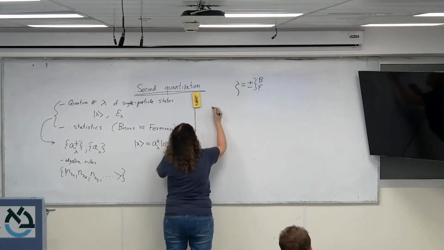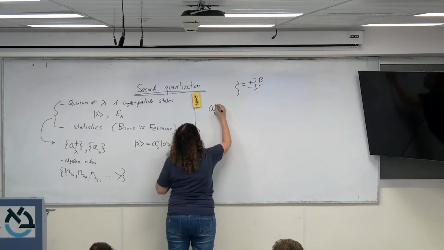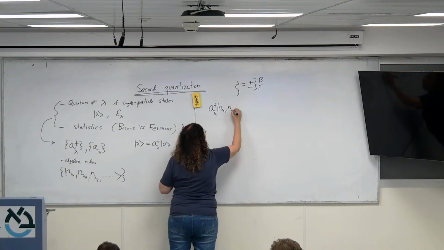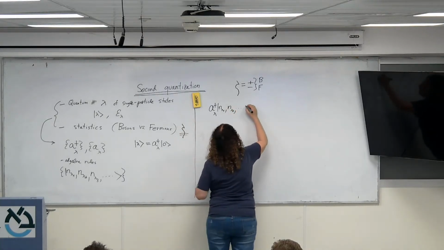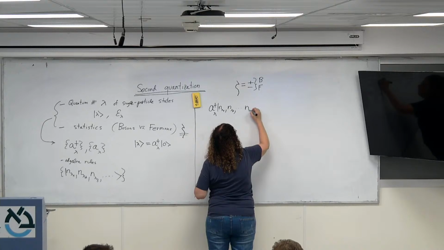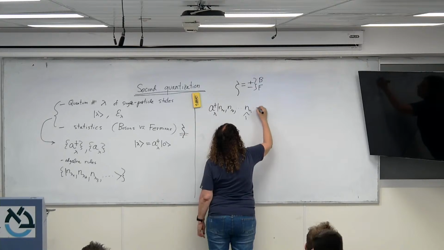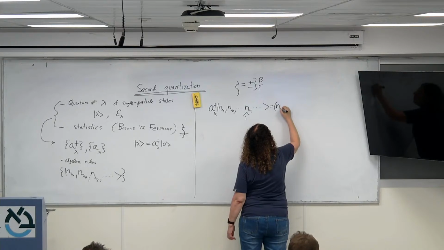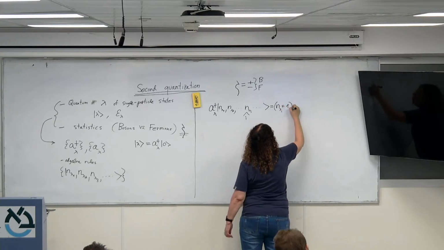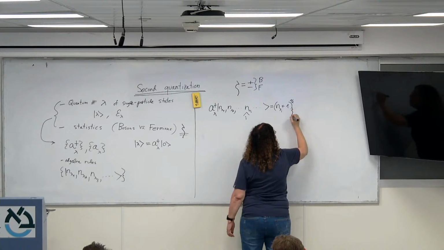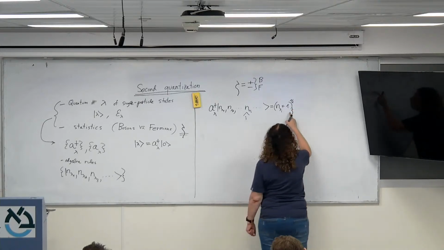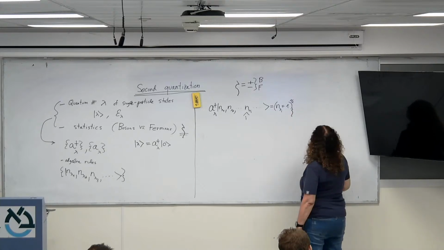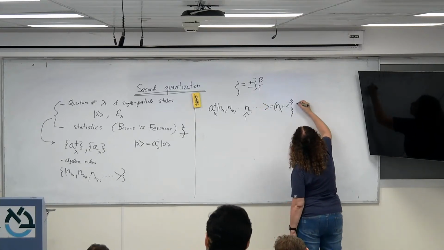So it's a_λi dagger acting on the state with n_λi at the ith place. It was n_λi, and it becomes n_λi plus 1, with an index zeta that I will soon define, something that depends on whether they are bosons or fermions.